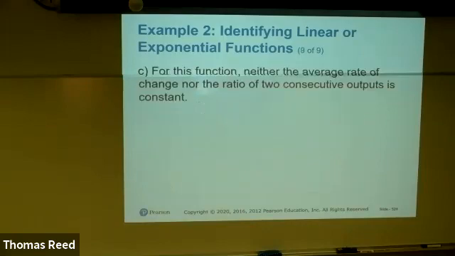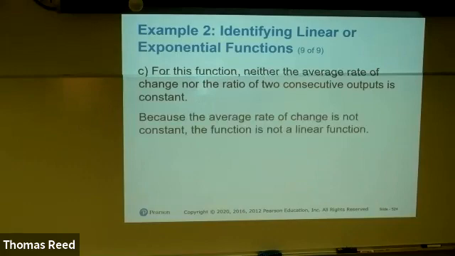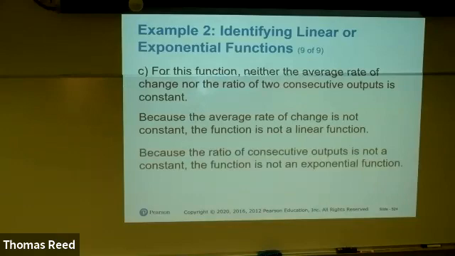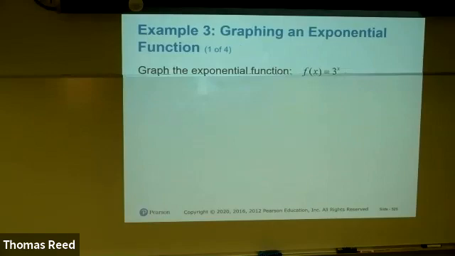So it's neither. Neither the average rate of change nor the ratio of the two consecutive outputs is constant. It's not a linear function because the average rate of change is not constant, and it's not an exponential function because the ratio of consecutive outputs is not constant. So it's neither.